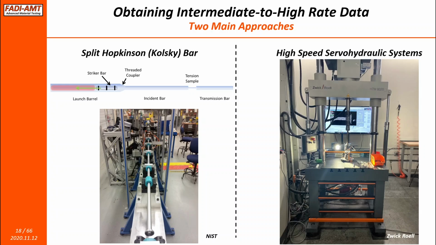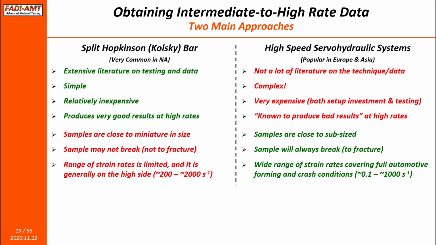That means it can move fast, which means accumulators to enable it to go to high speed, and of course, a high speed data acquisition system and other changes. So in principle, it looks like a standard tension machine, but it has many differences to allow it to go to high speeds. So that is the general difference between the two systems.